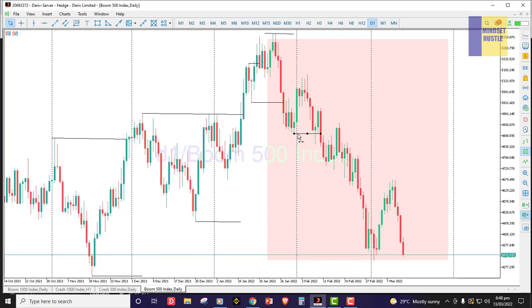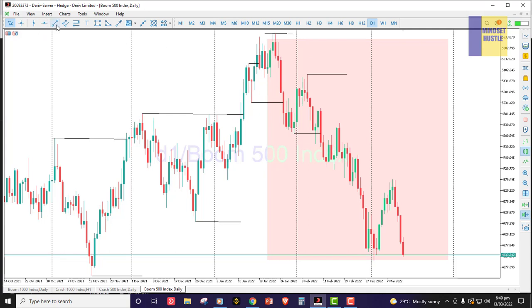This red candle is the reason why that structure was broken. Once that happened, this now gives you an idea that we are now changing from an uptrend to a downtrend. Now we formed a low that is lower than the previous low, and a high that is lower than the previous high, instead of it being higher than the previous high, for us to move on in our uptrend.